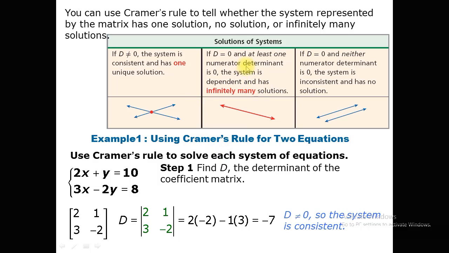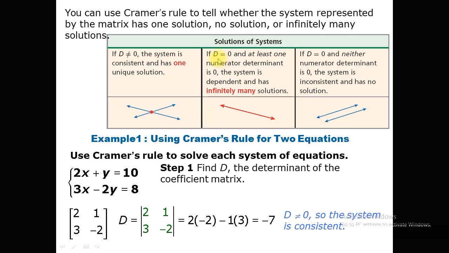by using Cramer's rule. So if in Cramer's rule the determinant is equal to 0 and at least one numerator determinant like Dx or Dy is 0, then the system is dependent and has infinitely many solutions. And note that in case of a unique solution, the graphical representation of the linear equations is that the lines intersect each other at only one point.